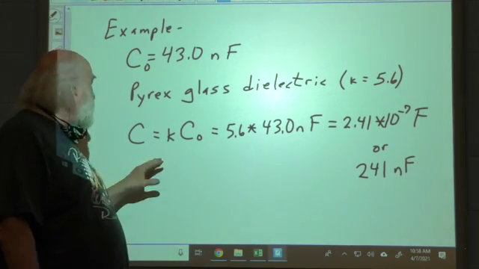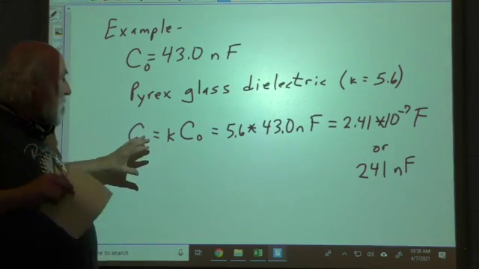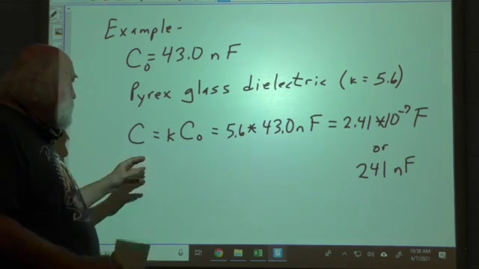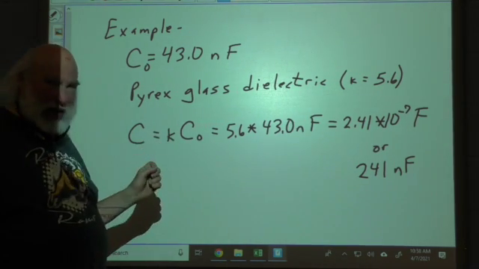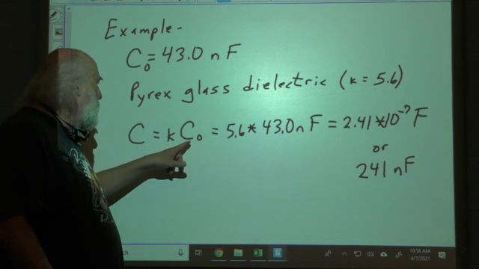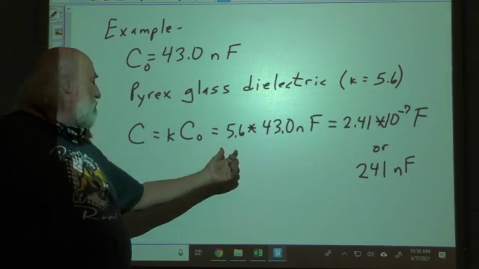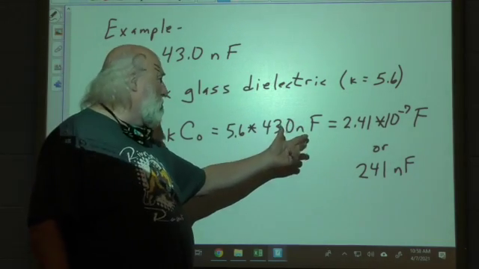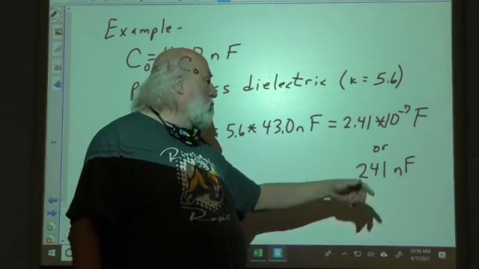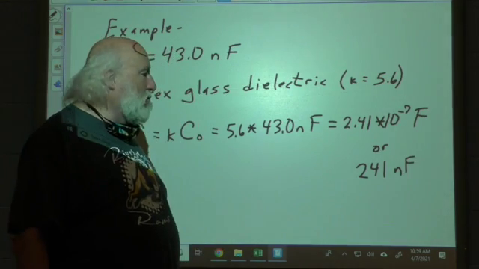So your formula here is the capacitance of the new system equals that cute little k, it's so cute, don't you think, times the original capacitance. So 5.6 times 43.0 nanofarads gives you 2.41 times 10 to the negative 7 farads.